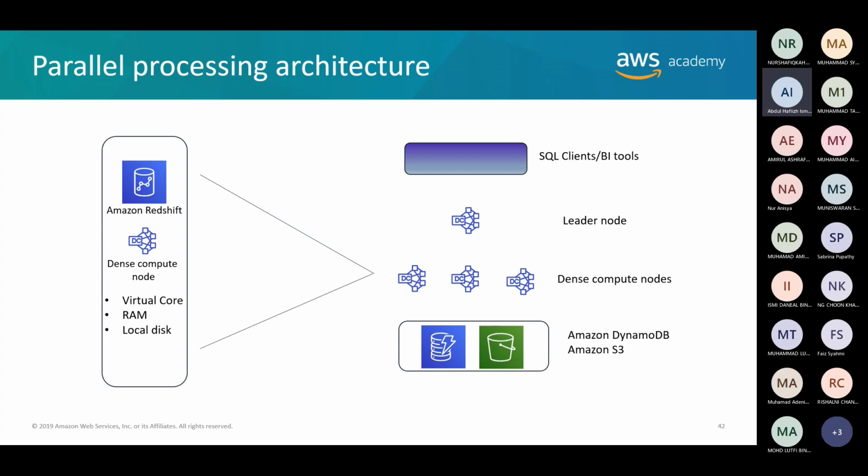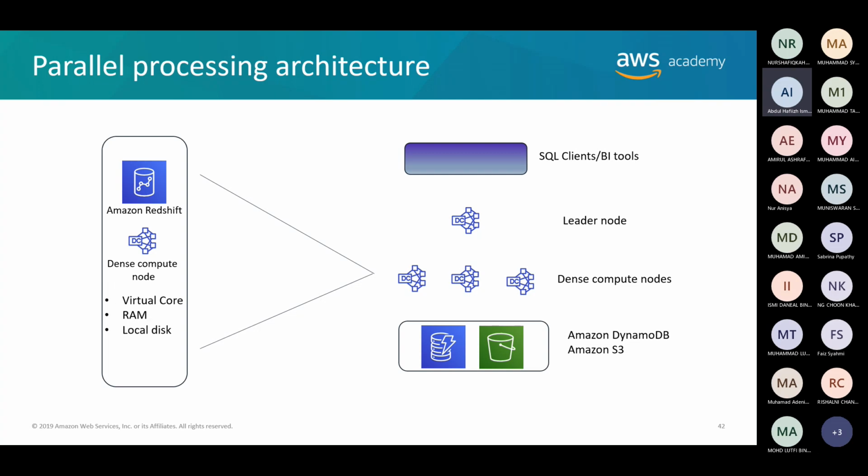The leader node compiles code for individual elements of the plan and assigns the code to the individual compute nodes. And the compute nodes run the compiled code and send intermediate results back to the leader node for final aggregation.